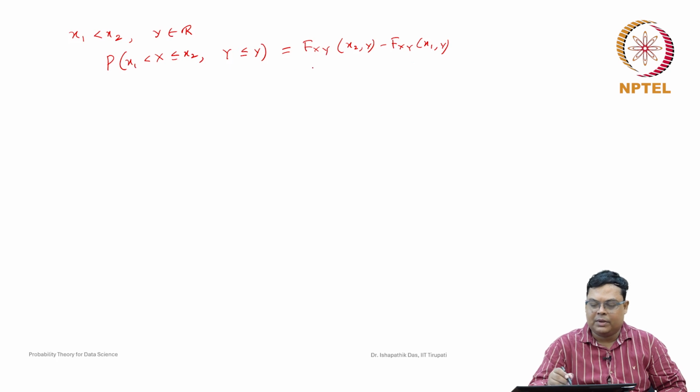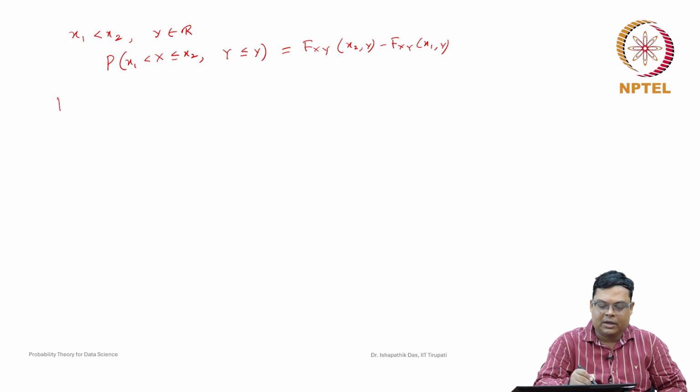So, how can we prove this? How can we represent this event? This probability is the probability that x1 less than x less than or equal to x2, comma, Y less than or equal to y.